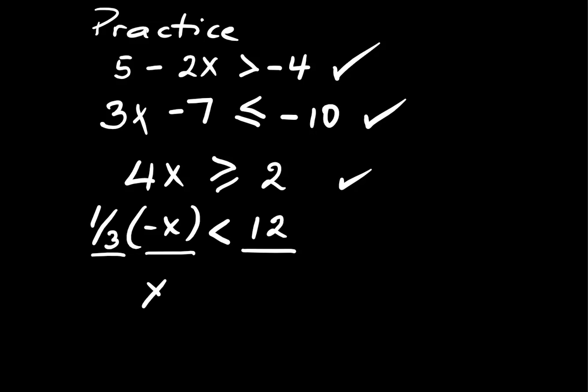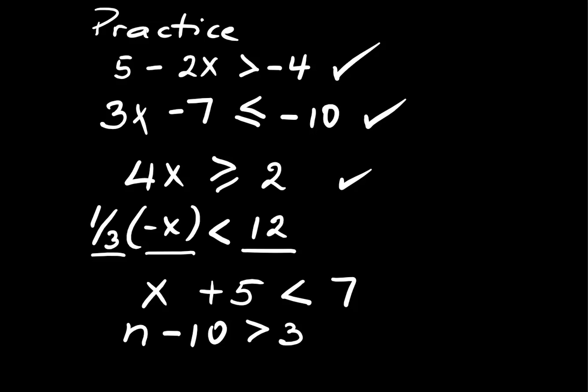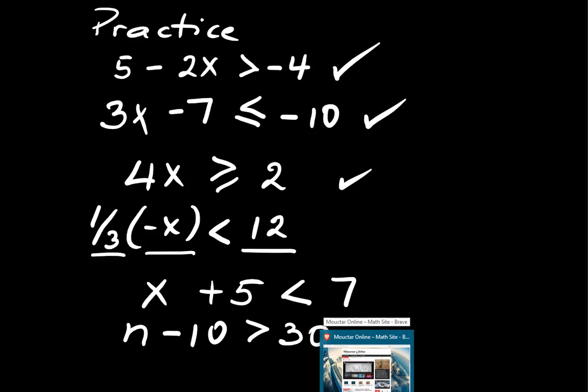We can say x increased by 5 is less than 7. And we can also say 10 less than a number is more than 30. 10 less than a number, the number minus 10, is more than 30, greater than 30.